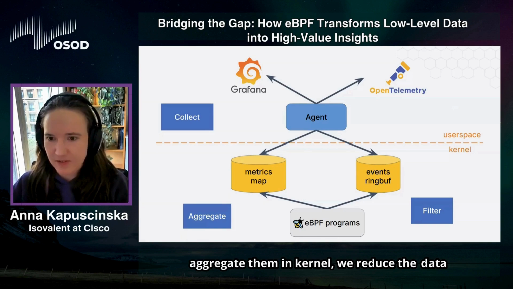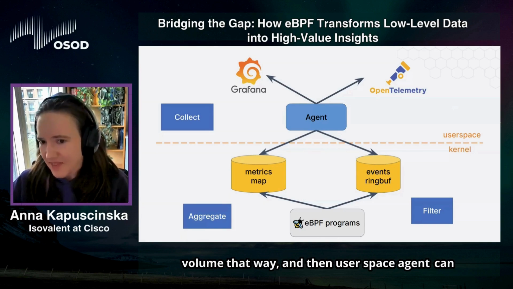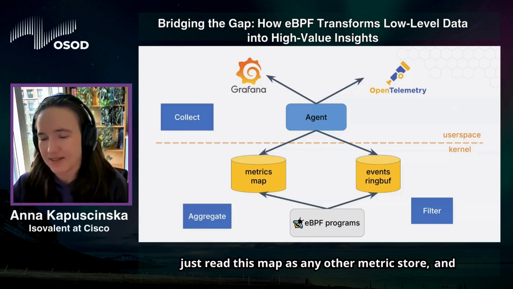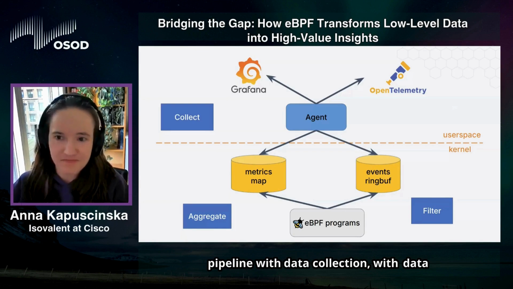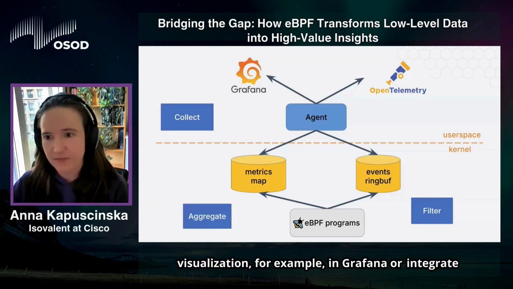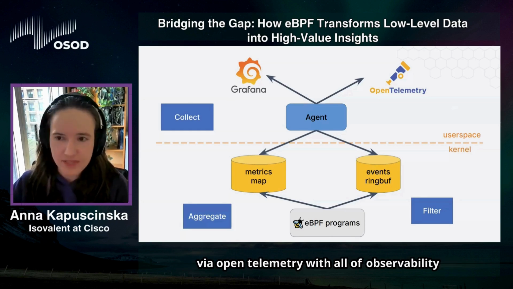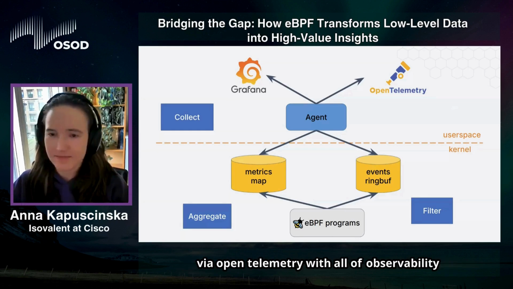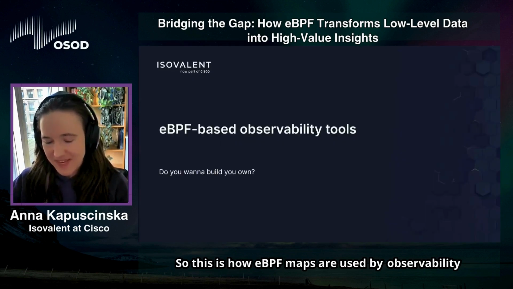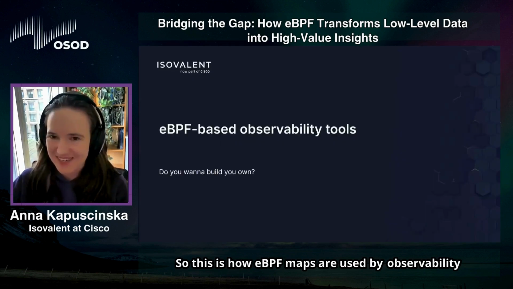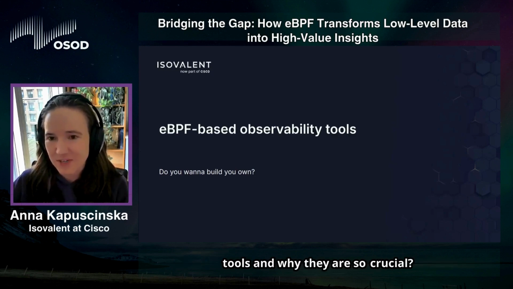We reduce the data volume that way, and then the user space agent can just read this map as any other metric store, and then export data somewhere to build a full pipeline with data collection and data visualization, for example in Grafana, or integrate via OpenTelemetry with all of the observability vendors. So this is how eBPF maps are used by observability tools and why they are so crucial.